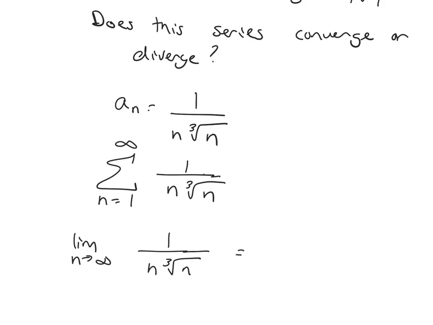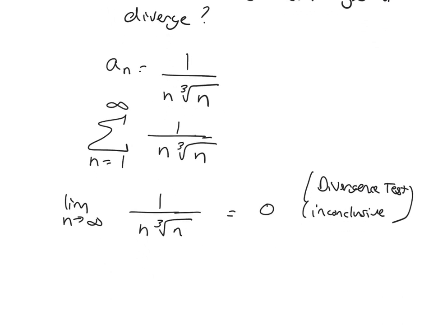What's that limit going to be? So that limit's 0, right? Inconclusive if you're using the divergence test. You need to get something other than 0. I got 0, so not good.